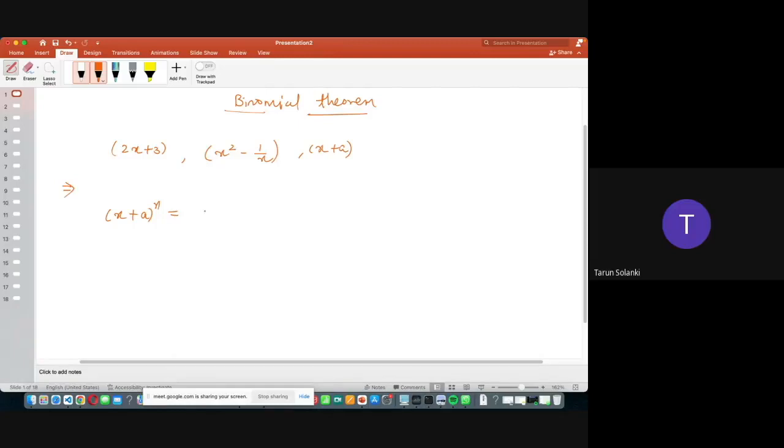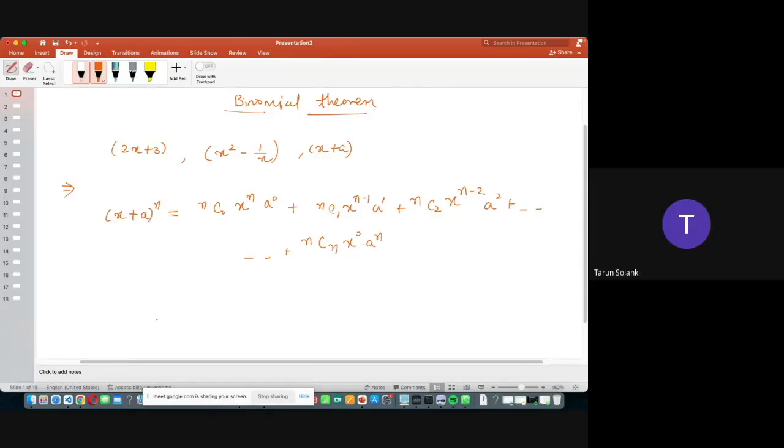So we write it as expanded: nC0 x to the power n a to the power 0, plus nC1 x to the power n minus 1 a to the power 1, then nC2 x to the power n minus 2 a square plus, and this goes on, and last becomes nCn x to the power 0 a to the power n.